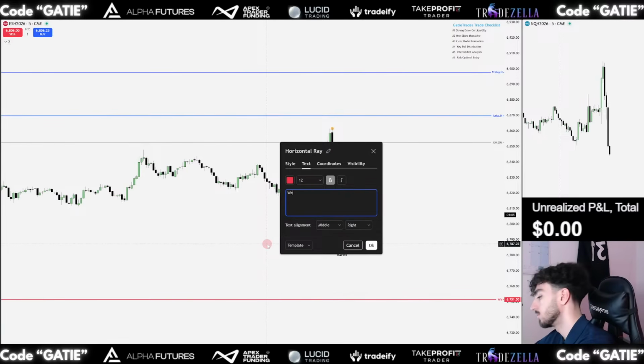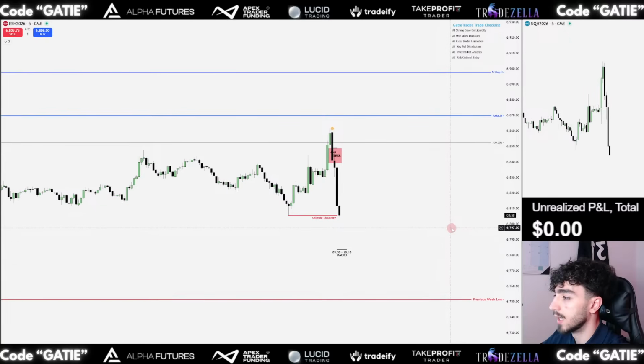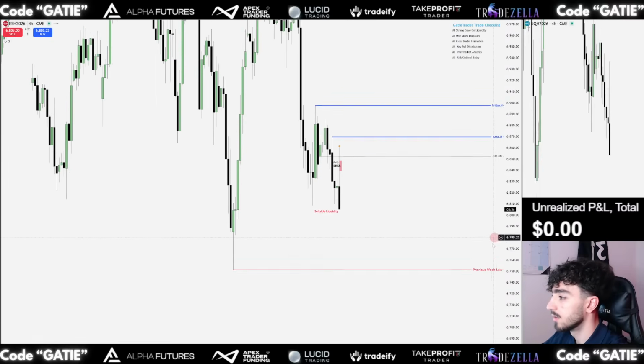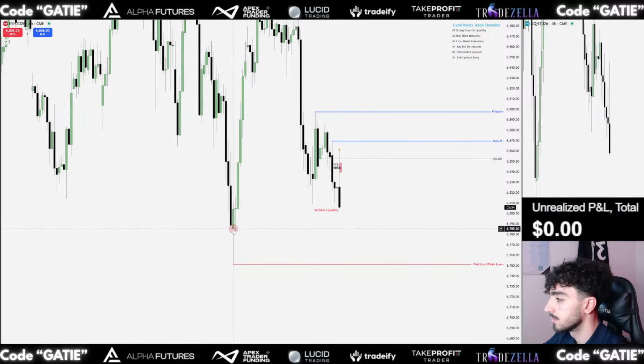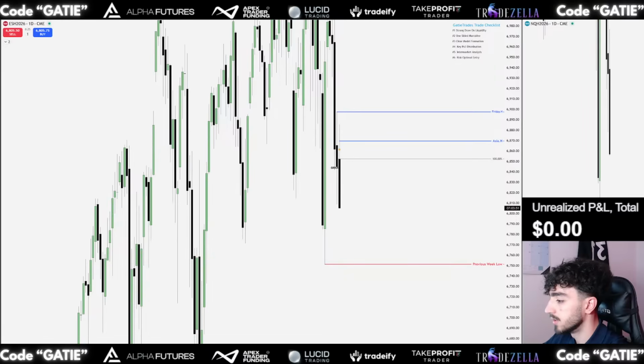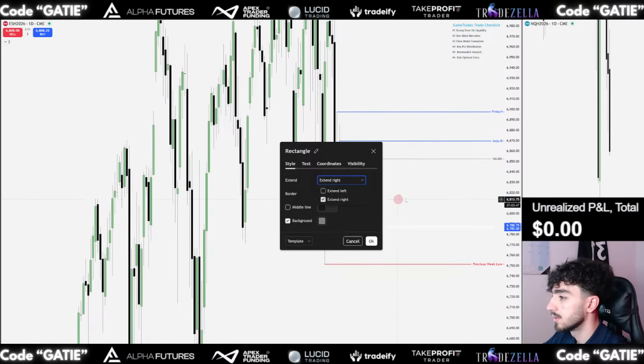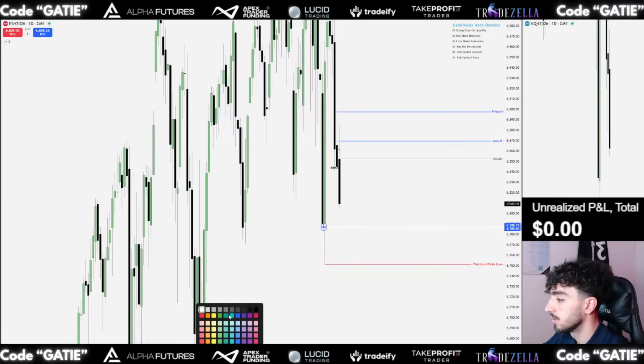I don't really want to be putting on a trade that has such a far away target. Obviously, we can target this as well. Old gap.